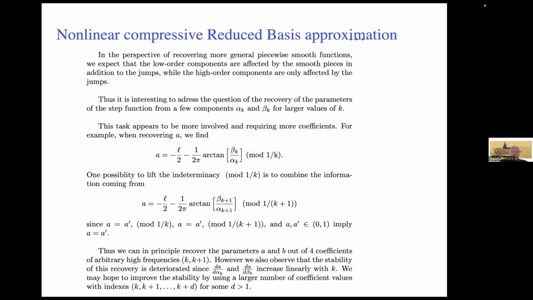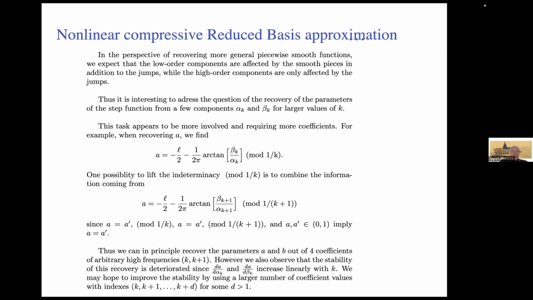Meaning that we can recover from alpha k, beta k, alpha k plus 1, beta k plus 1 all the values of a, in case, again, L and B are fixed, and because we are able to recover a, we are able to recover all coefficients alpha l and beta l.